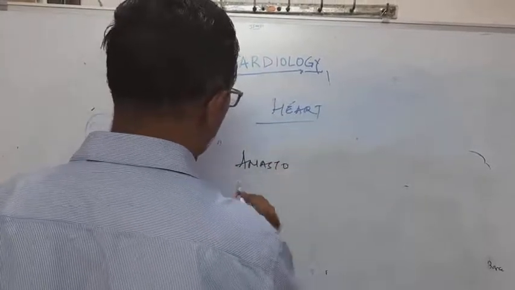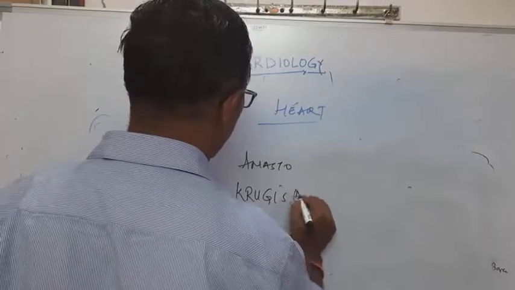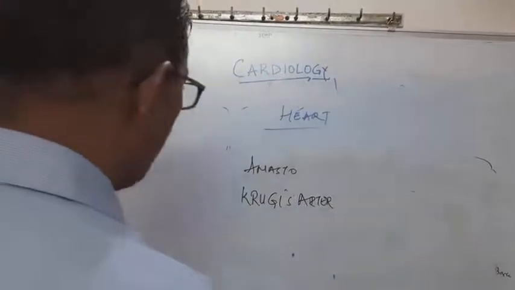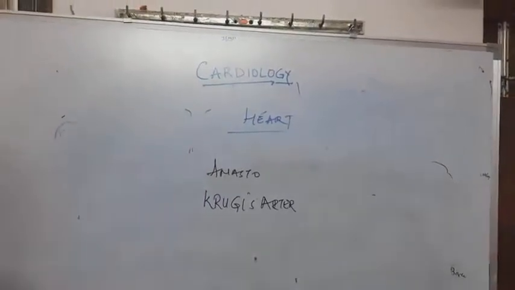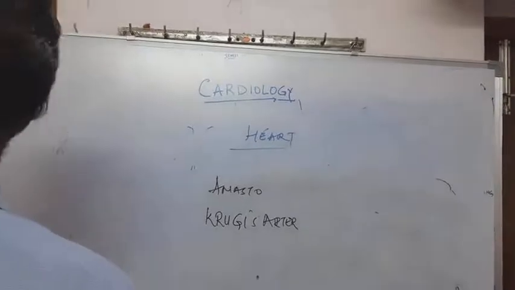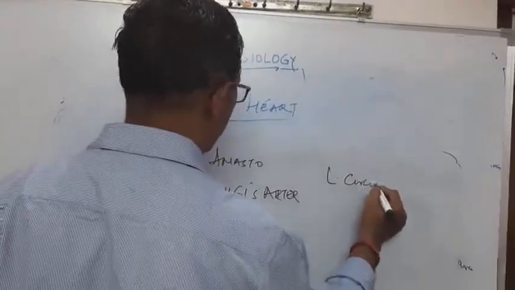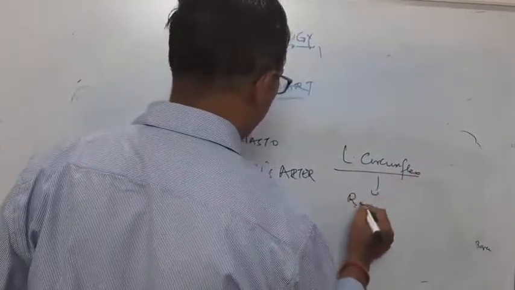Anastomosis, because Krugel's artery, many a time this Krugel's artery is being asked. This is nothing else but an anastomosis between your left circumflex artery and the right coronary artery.